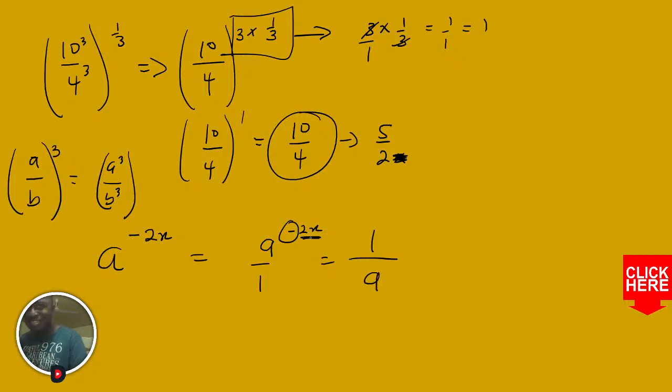A. This negative is gone, but the 2x will still be attached to it. Okay, so the 2x will still be attached there. Just that it becomes 1 over a raised to 2x.